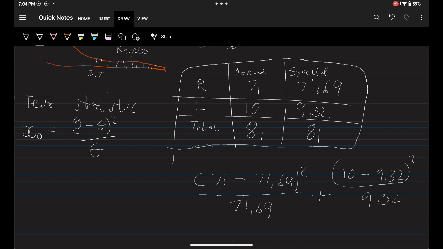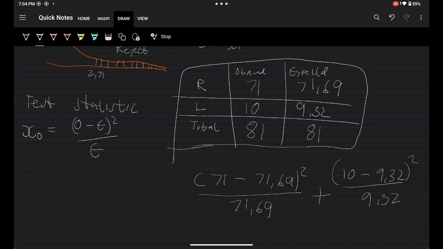In your calculator, 71 minus 71.69, all squared, over 71.69. And don't forget, this is for one category. There are two separate categories which you need to add.